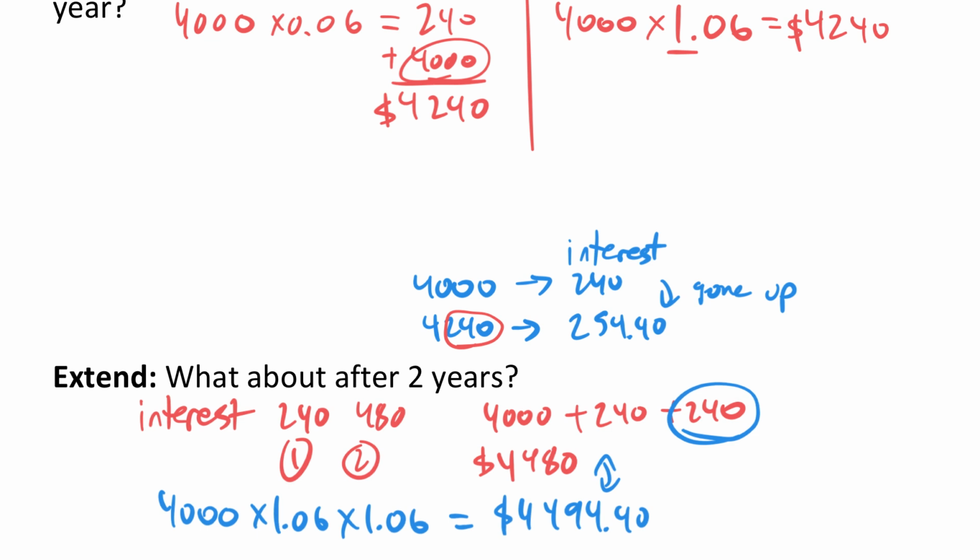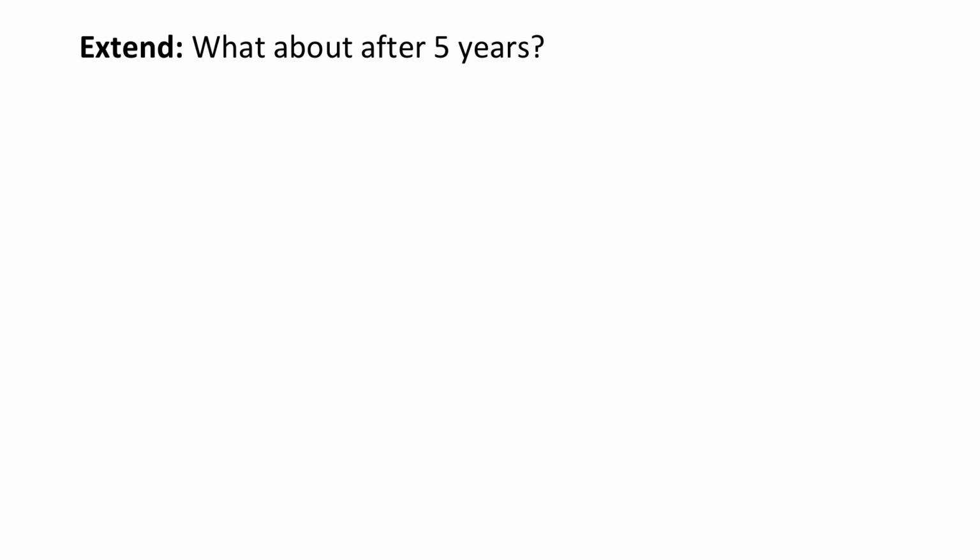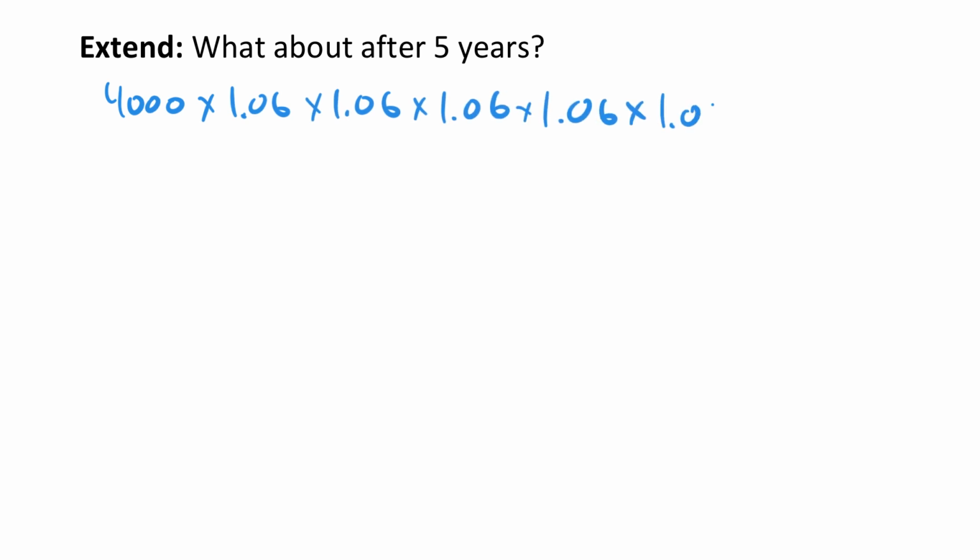So what if we let it keep going? What if instead of doing 2 years, we do 5 years? Well, we would take our $4,000 we had to start, multiply it by 1.06, 1.06, 1.06, 1.06, and 1.06 for 1, 2, 3, 4, 5 years.